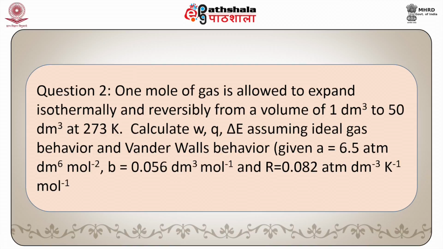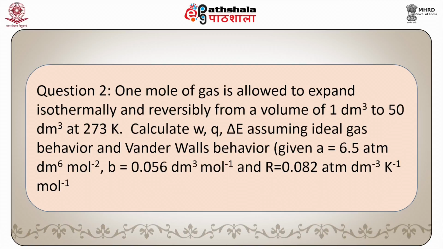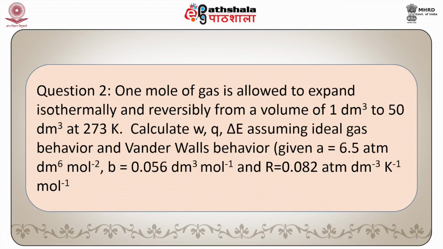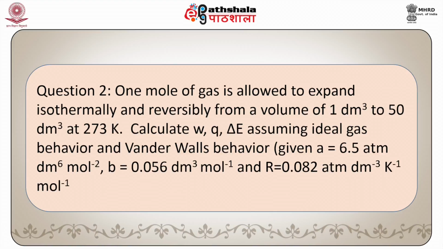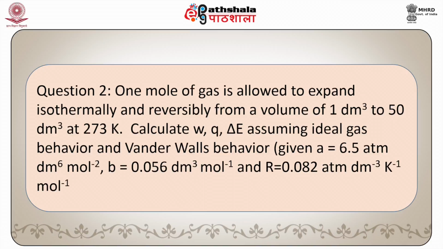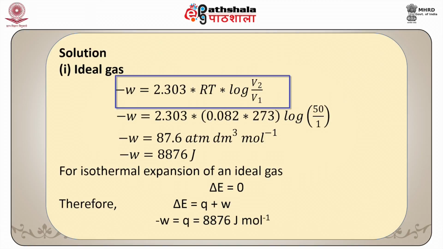Another question says 1 mole of gas is allowed to expand isothermally and reversibly from a volume of 1 decimeter cube to 50 decimeter cube at 273 Kelvin. Calculate W, Q, delta E assuming ideal gas behavior and van der Waals gas behavior. Data is given for a, b and R. For ideal gas, minus W is 2.303 into RT into log V2 by V1.